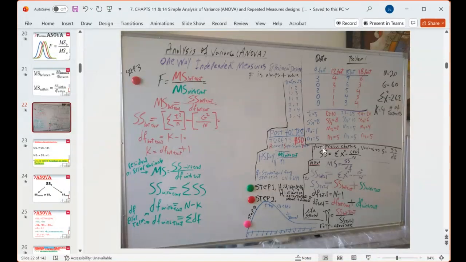Okay, so all the formulas you need are here. Once you calculate those, you plug them into a formula. A couple of extra things at the bottom right. In order to calculate the effect size, in the past for the t-test we had d as the symbol for effect size.